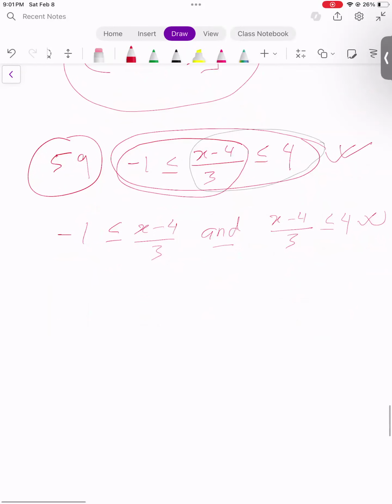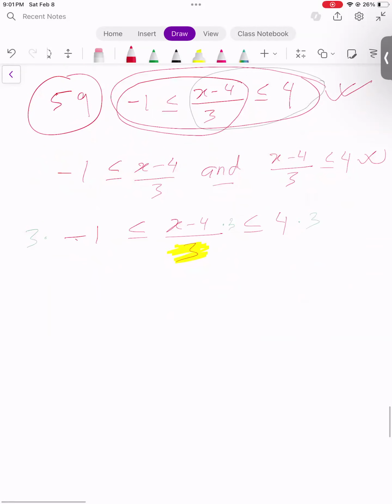Let me solve from the same expression: -1 less than or equal to x minus 4 divided by 3 less than or equal to 4. Now we have the denominator 3, so we need to get rid of it. To get rid of denominator 3, we multiply by 3, and you have to multiply both sides. 3 times -1 is -3.